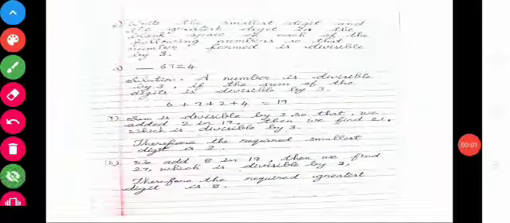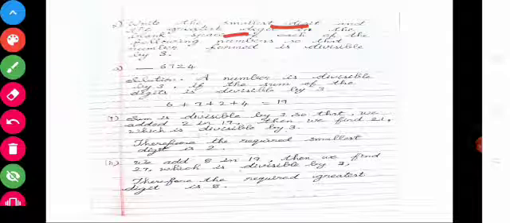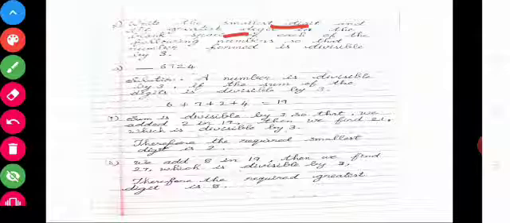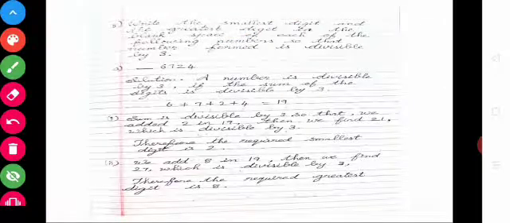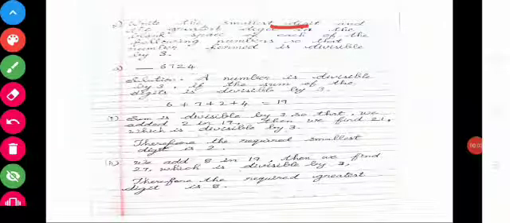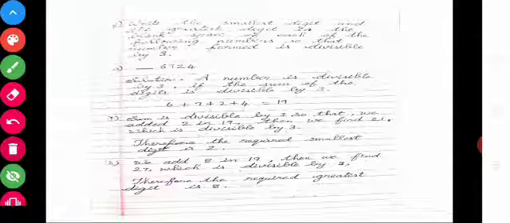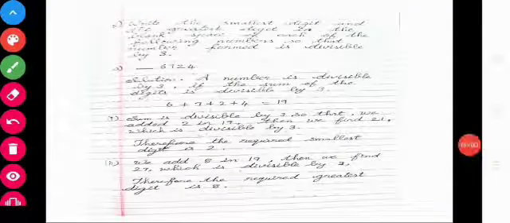See the next sum. Write the smallest digit and the greatest digit in the blank space in each of the following numbers so that the number formed is divisible by 3. What is the sum?